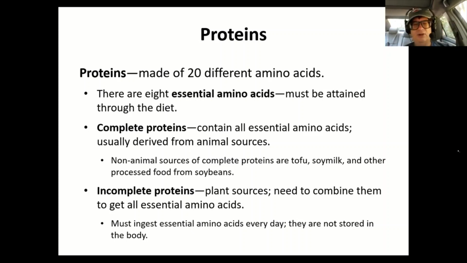But essential amino acids, we don't have the ability to manufacture. We can't store them easily. We have to eat them to get them. And so there we go, that's the 8 essential amino acids.